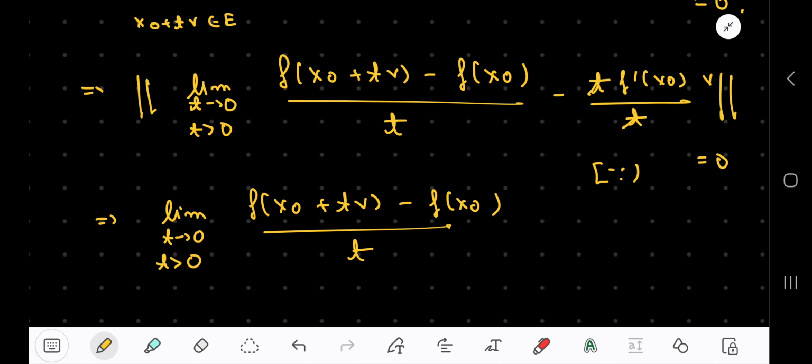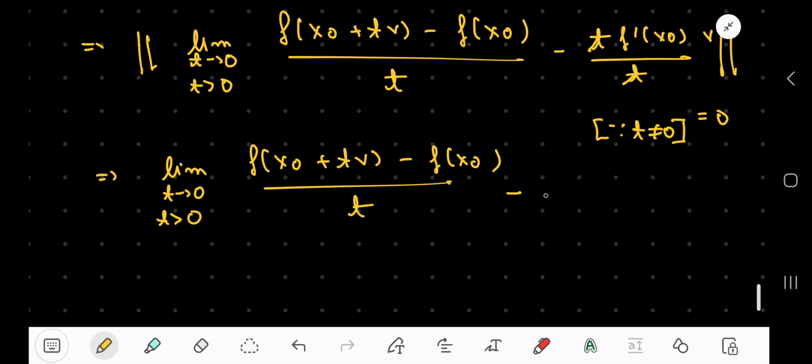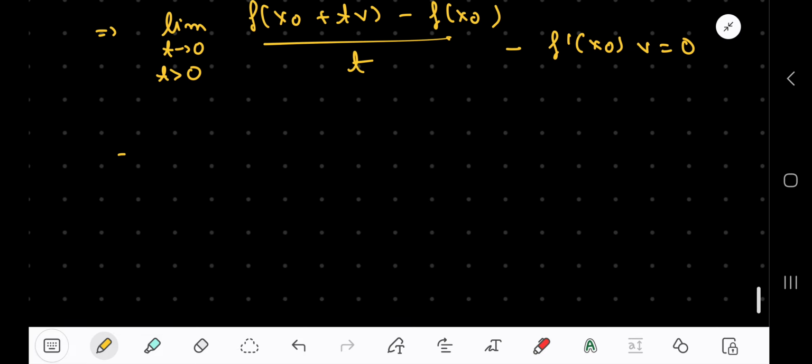What is the reason? Since t is not exactly equal to 0. Whenever we are trying to catch up with the limits, obviously that's the case. Minus f prime at x naught applied on v is equal to 0, and this implies, using the shorthand form, that the derivative in the direction of v of f at x naught is equal to the total derivative applied to v. Fine.